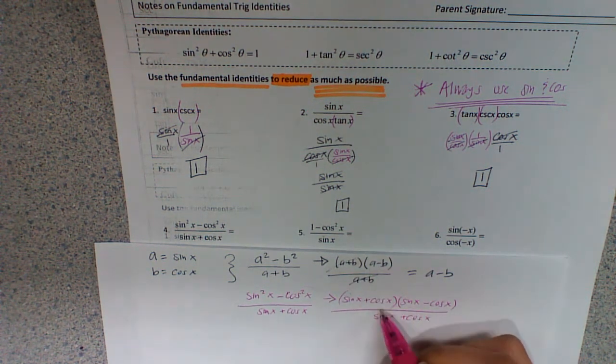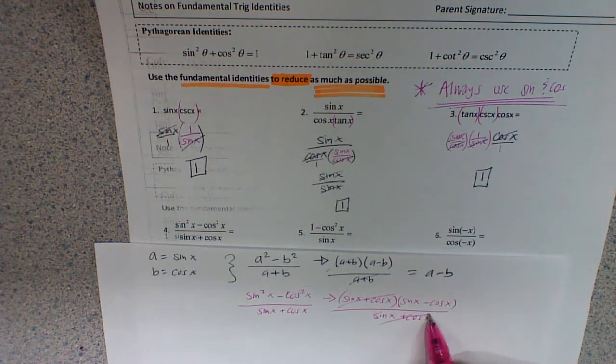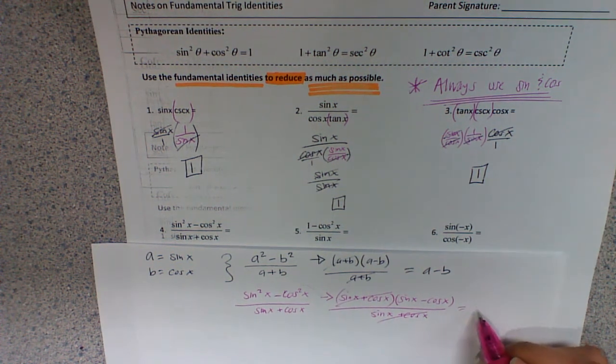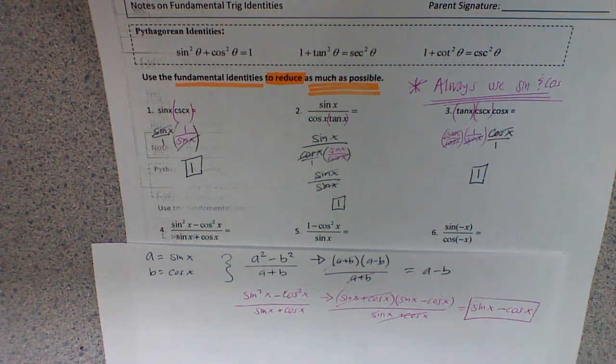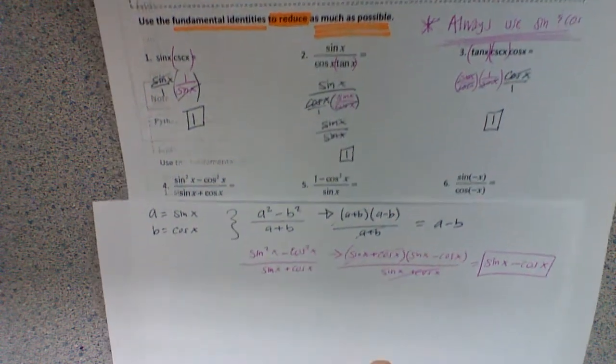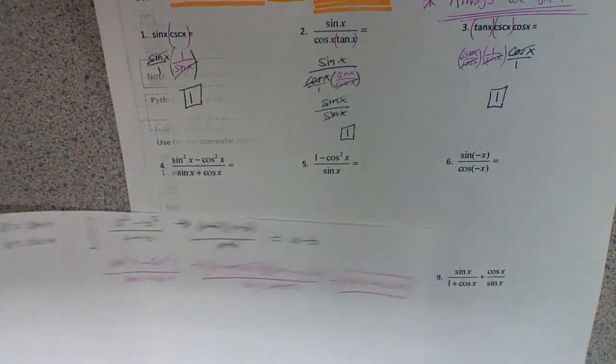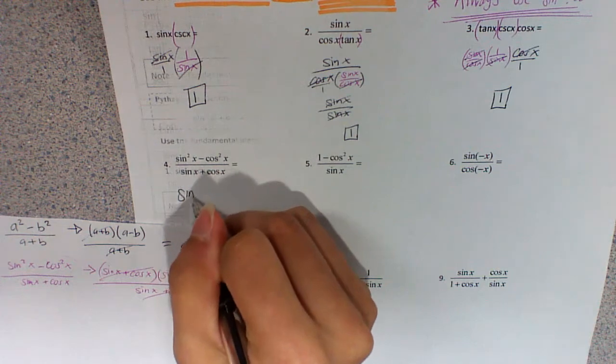And just like we did with the A's and B's, here too that factor cancels, leaving you with sine of x minus cos of x. So there's your answer for that one. Let me just write that down here so we have it for later.